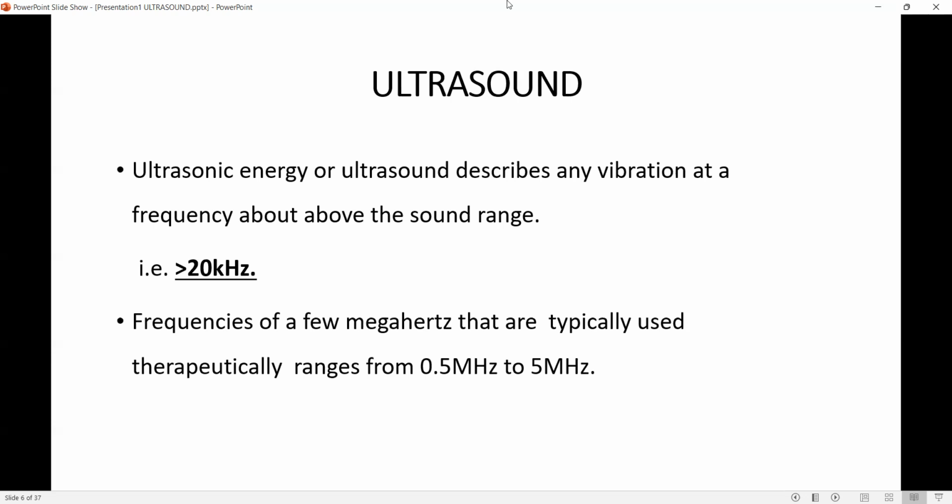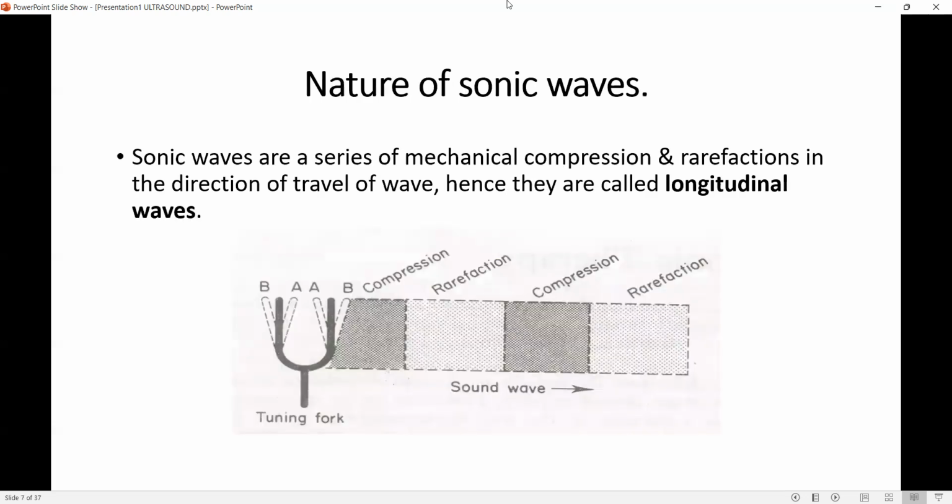Frequencies of a few megahertz typically used therapeutically range from 0.5 to 5 megahertz.